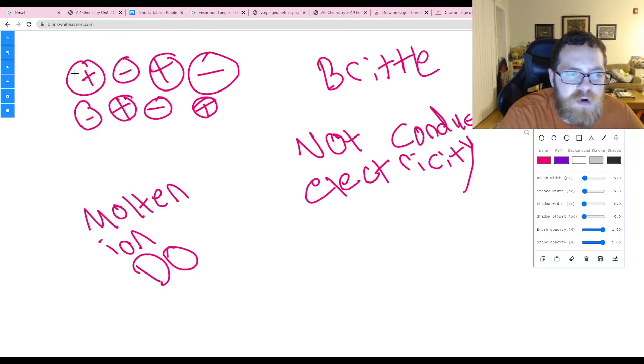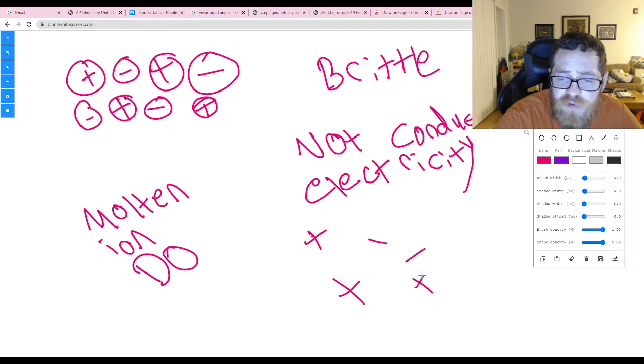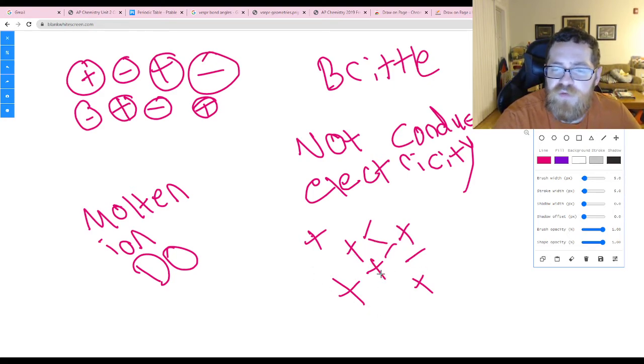In a liquid form, it loses its structure and it becomes a jumbled mess of positives and negatives floating around. Overall, just kind of canceling each other out. This allows the charged particles to be freely moving and allows for electricity to be conducted, and they can move in one direction or another, carrying that potential energy as they're introduced to a charge. So that allows for electricity to be conducted.